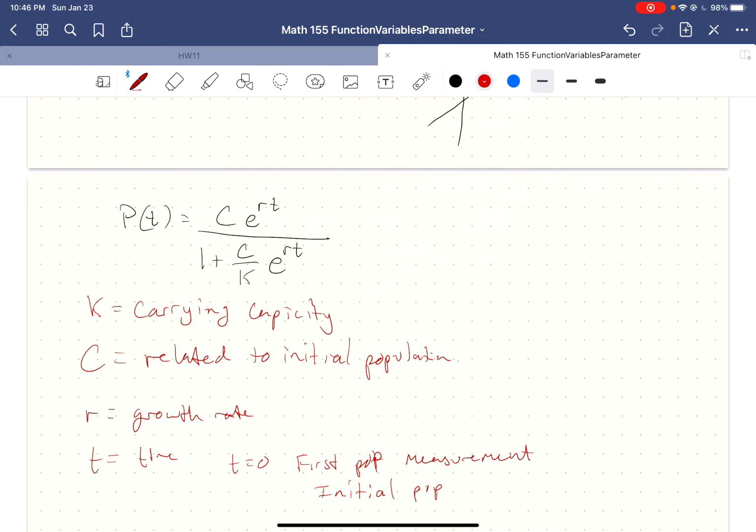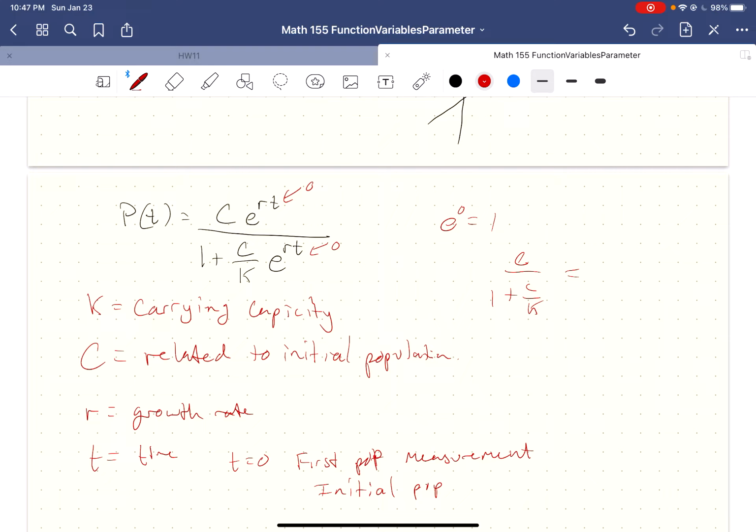If you plug in t equals 0, then the exponential, e to the 0, is just 1. So what you get is c over 1 plus c over k. And this is the initial population that you measure. You should imagine that k is something that's really big. And if k is really big, then c divided by k is really small.